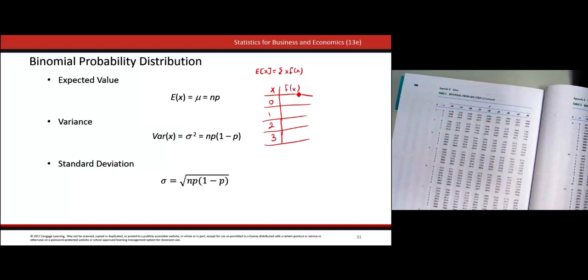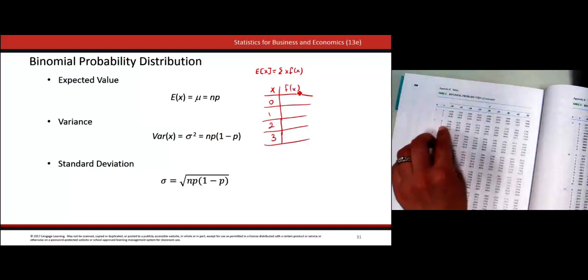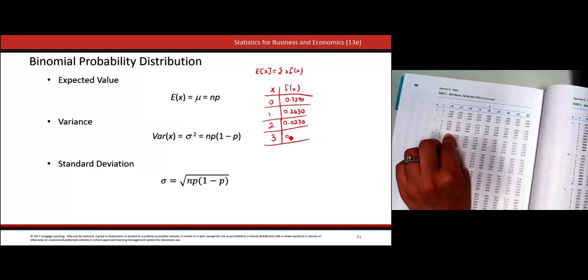And what's the probability? x is 0, 0.729. x is 1, 0.243. x is 3, 0.001.